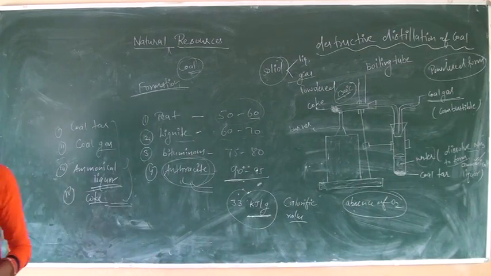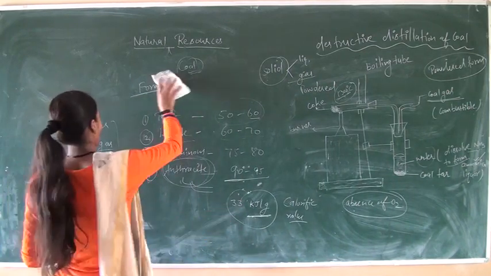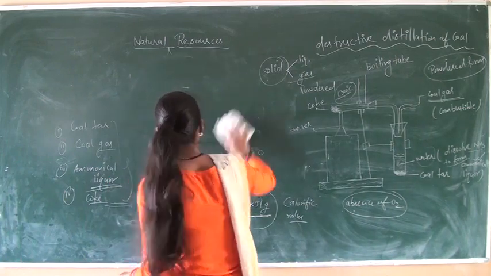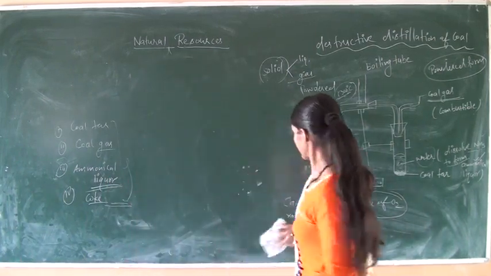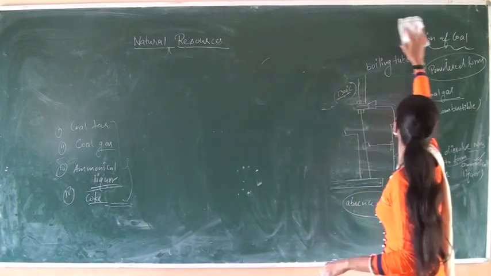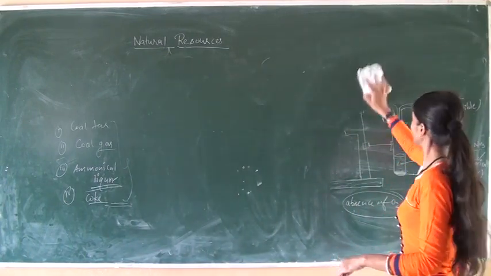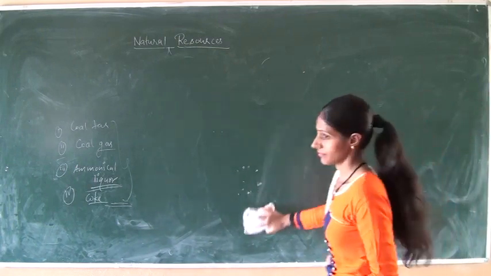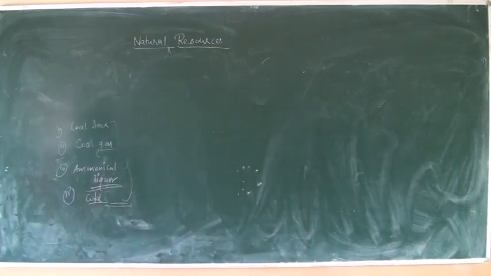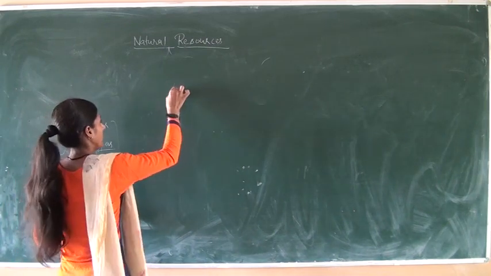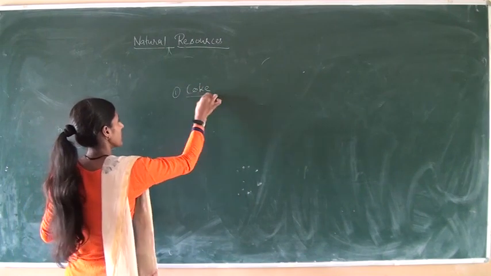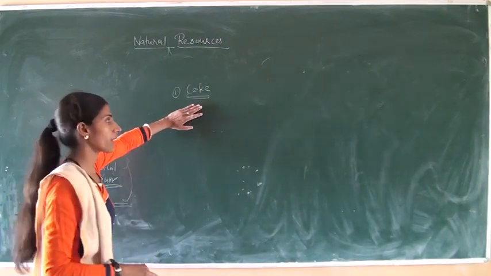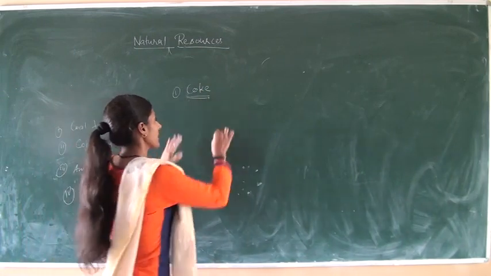The first one is coke. First we get coke in the destructive distillation of coal.